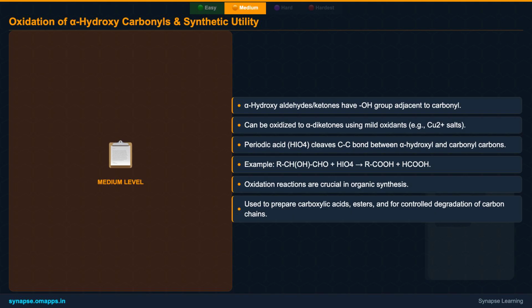The Baeyer-Villiger oxidation allows us to transform a ketone into an ester, a different functional group entirely, opening up new synthetic avenues. Similarly, the specific oxidation of alpha-hydroxycarbonyls to diketones or through cleavage by periodic acid provides targeted ways to modify molecular structures. These reactions are the building blocks for creating diverse organic compounds.